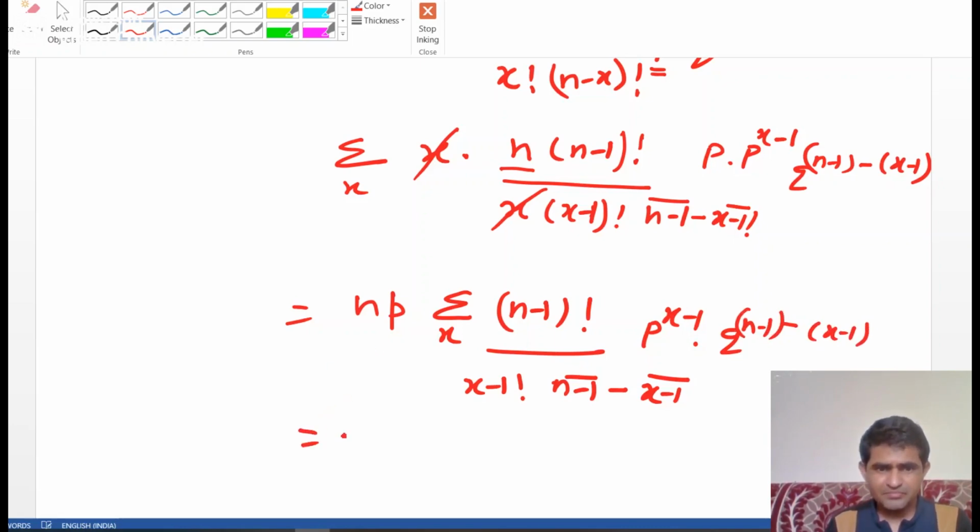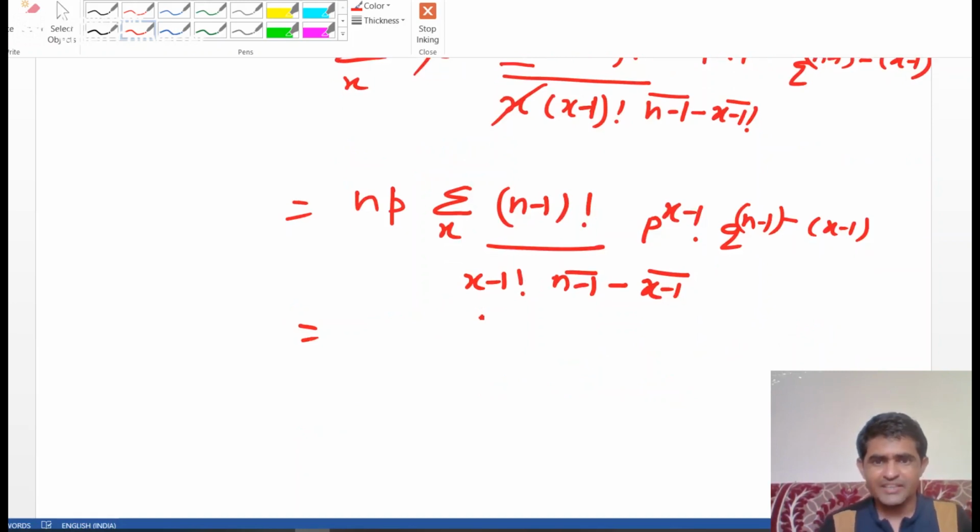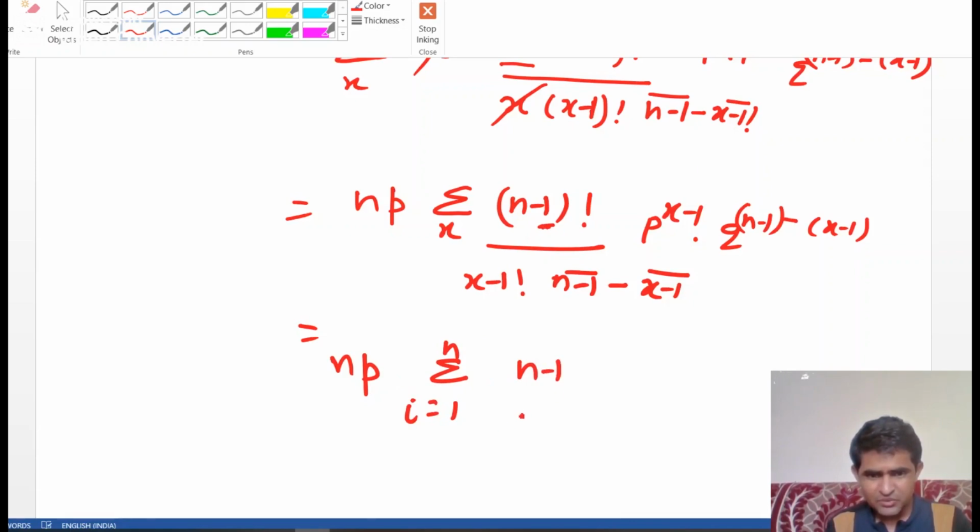This is the new formulation in the form of n minus 1 choose x minus 1. We take n minus 1 outside. Now the new formula begins: summation from i equal to 1 to n, because n minus 1 is here, n minus 1 choose x minus 1, p to the power x minus 1, q to the power n minus 1 minus x minus 1.